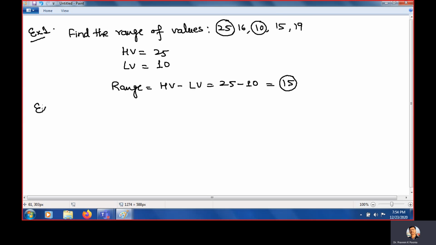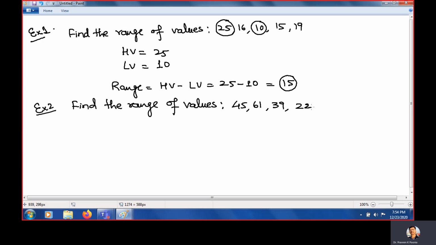One more example we will take. Find the range of values: 45, 61, 39, 22, 51 and 62. Search for the highest value.